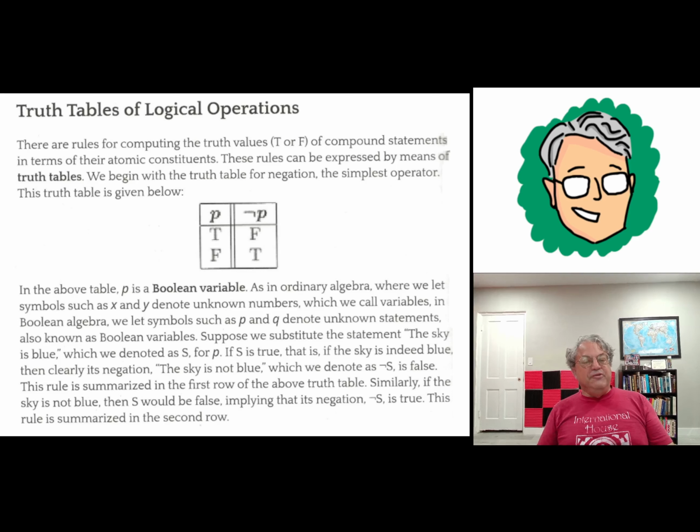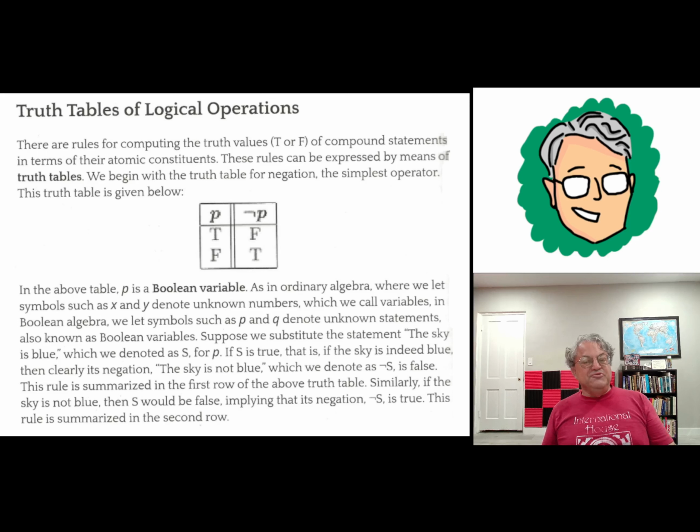What the truth table for not looks like: on the left we have our variable P, in this case just one variable, and it can have two possible values. Every Boolean variable has only two possible values, namely true or false. True I'm symbolizing as T, and false as F. Some authors use 1 and 0 instead.